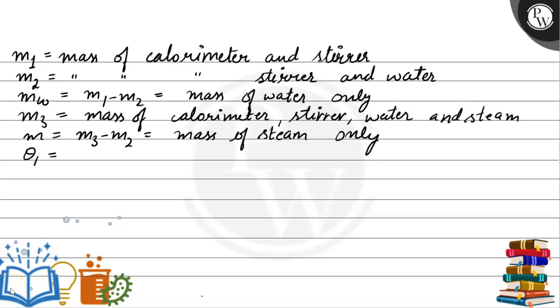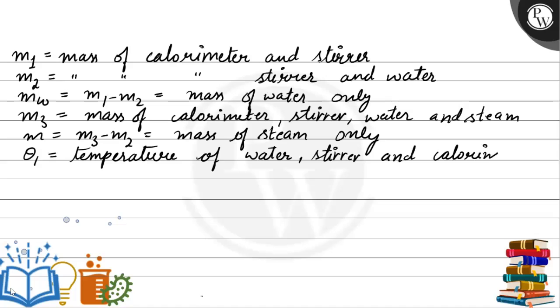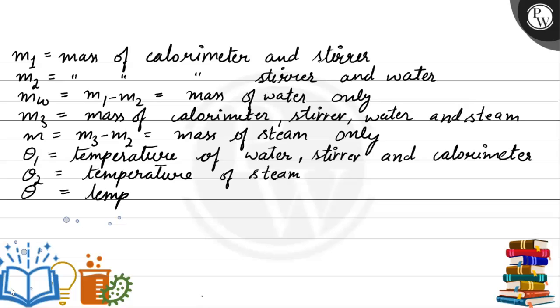Then theta 1 is the temperature of water, stirrer and calorimeter. Theta 2 is the temperature of steam, and theta is the temperature of mixture.